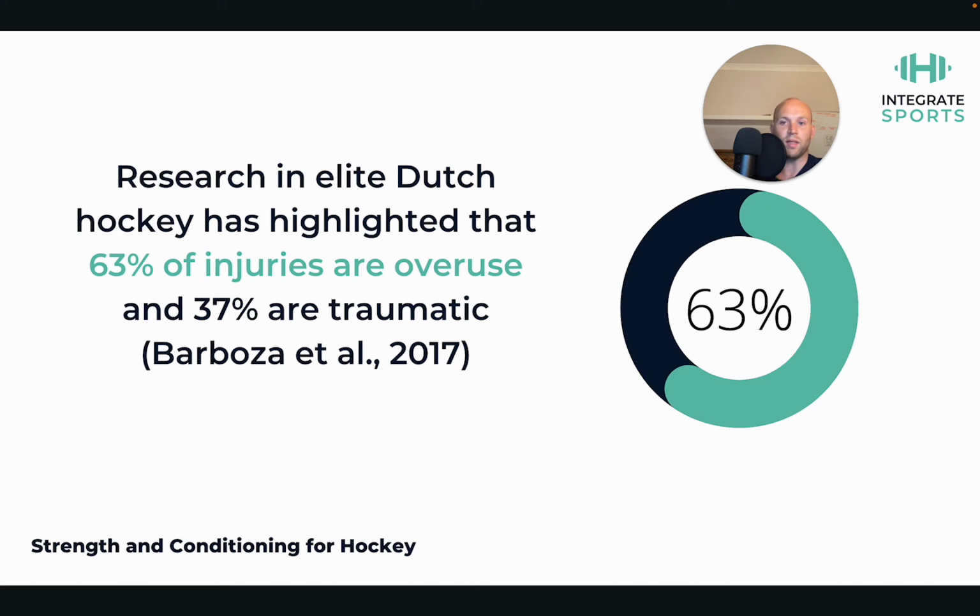So if we think about things like, because of the amount of volume you're experiencing, things like hip and groin injuries, lower back issues, ankle injuries, a lot of these things are related to the fact that over time, an athlete becomes fatigued and then their capacity is lower than the demand being placed on the tissue. So our job is to increase the capability.